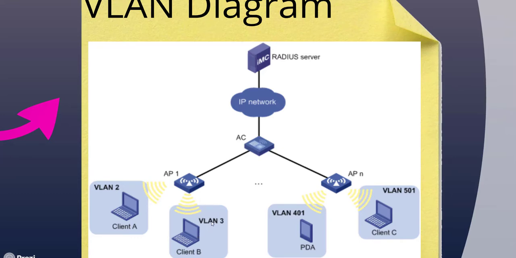They wouldn't be able to do that because they are separated by the virtual local area network. Same goes for this. For you to understand this more, you're going to perform it in the laboratory.